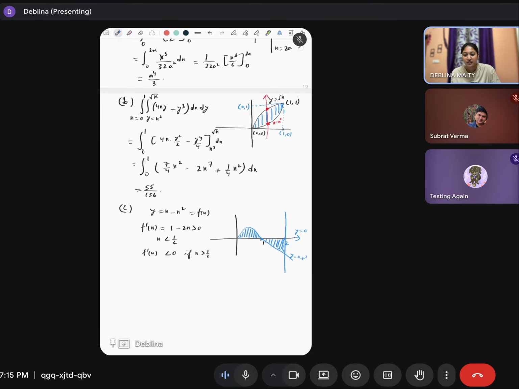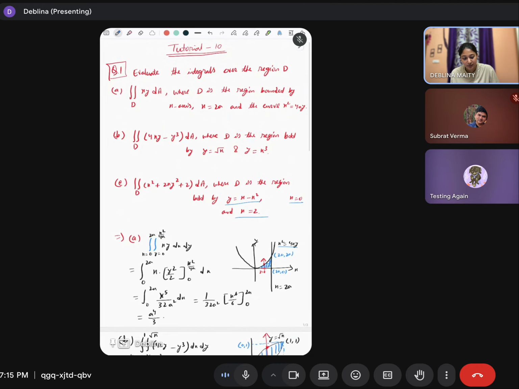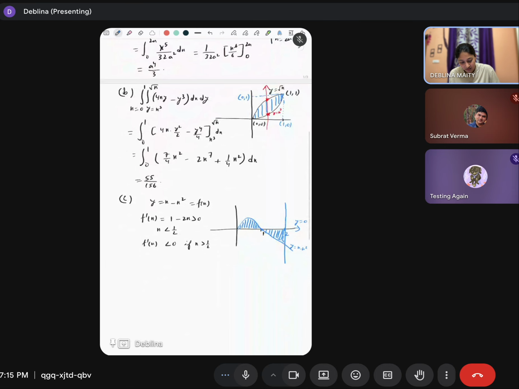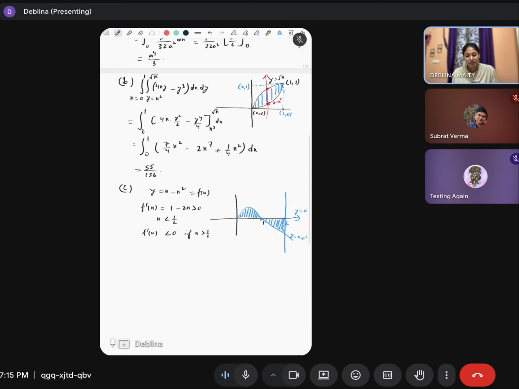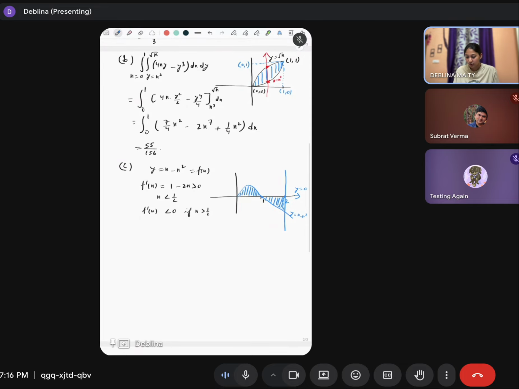X equals to 0 is not needed. X equals to 0 means the y axis, and there is nothing bounded by this y axis. Okay, so we have to find this region.